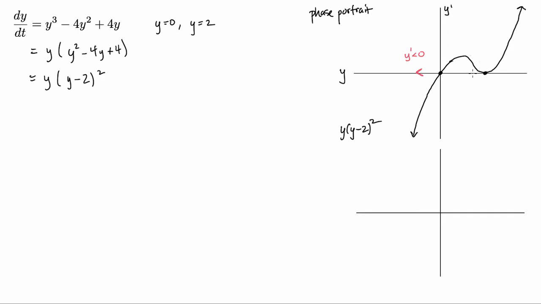In between 0 and 2, y prime is greater than 0, and so in this zone, solutions will be increasing. And then finally, to the right of 2, y prime, once again, is greater than 0, and so solutions are going to be increasing again. Let's draw in the phase line.